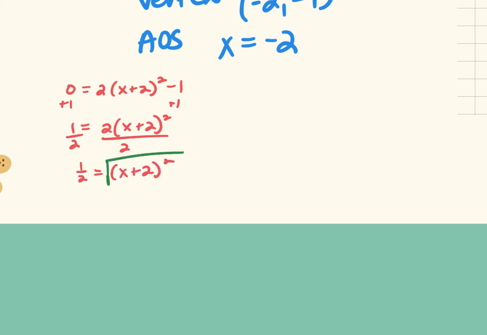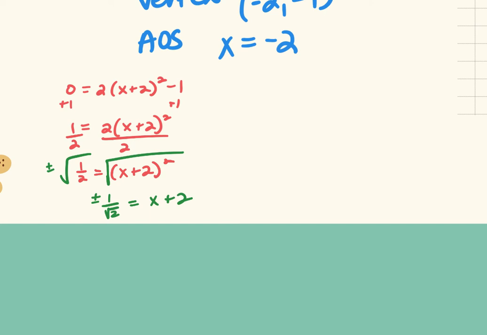Square root both sides of your equation, giving the plus and minus. It would be plus and minus 1 over the square root of 2 equals x plus 2. If that was a perfect square, I would continue to square root it and separate these out.